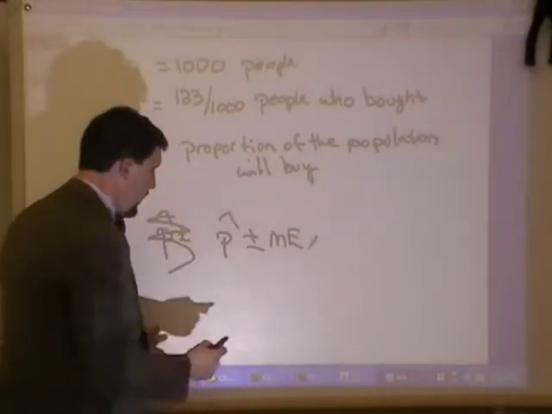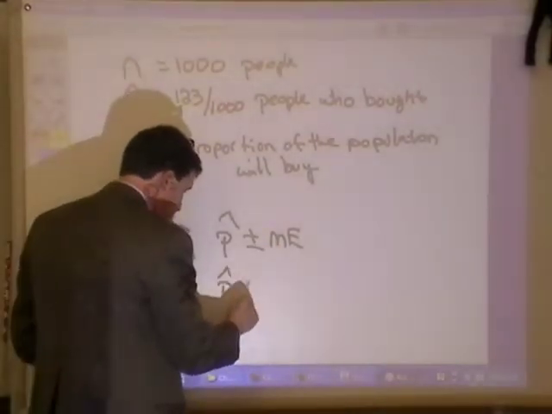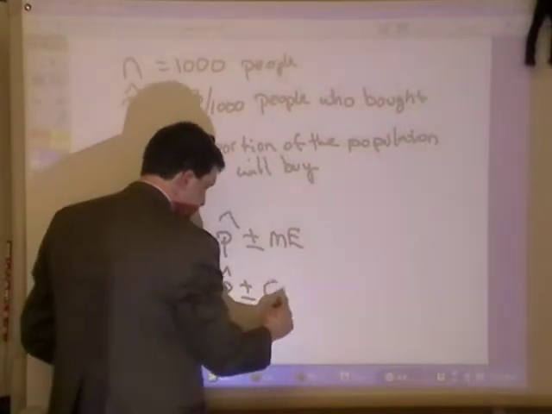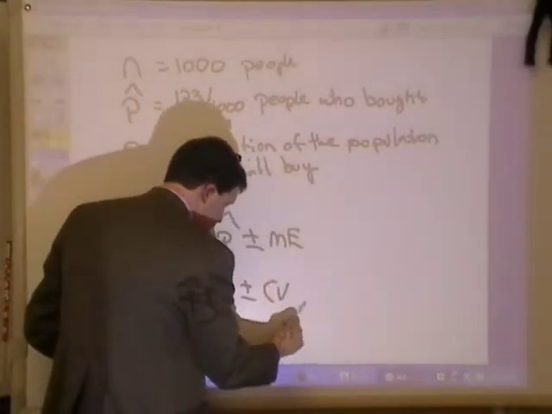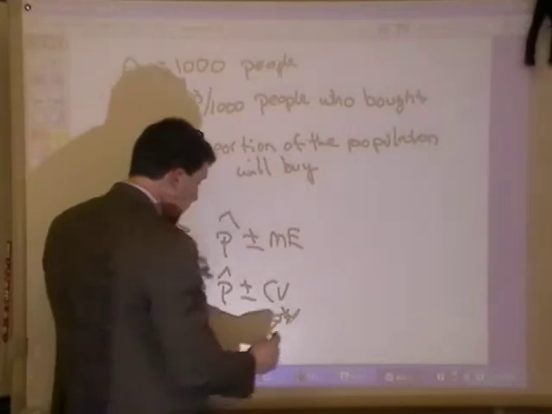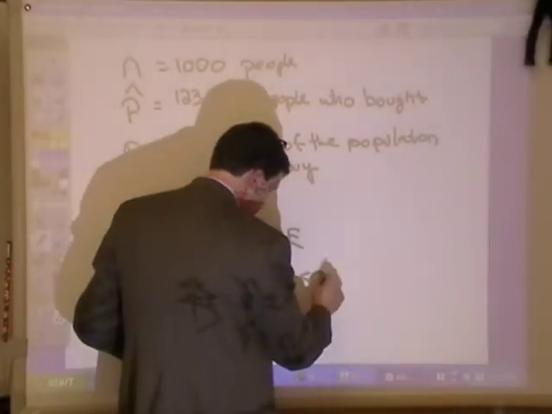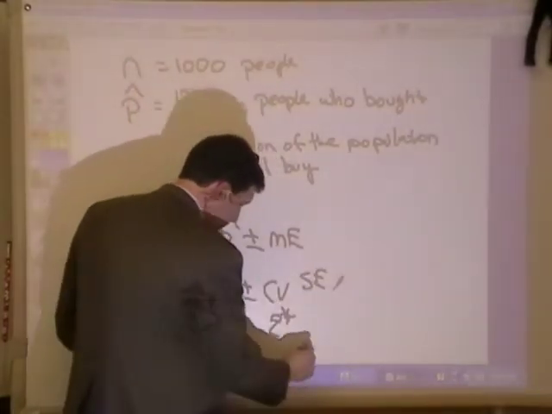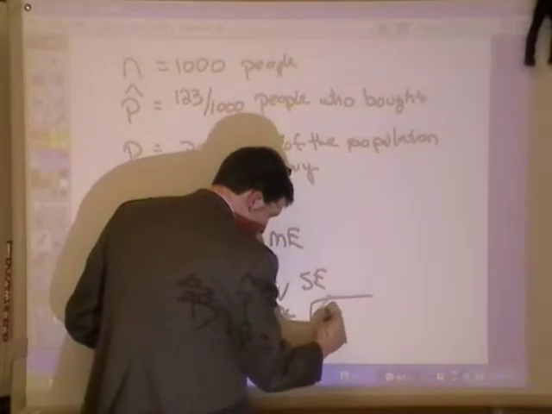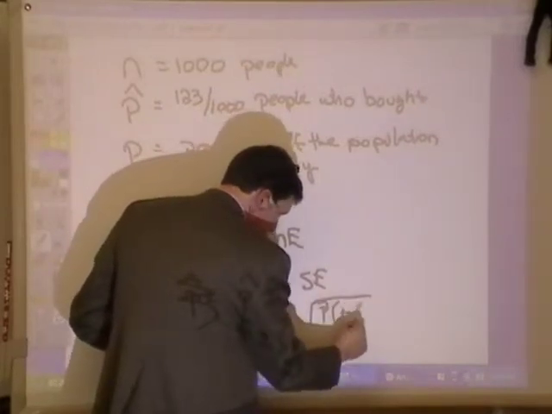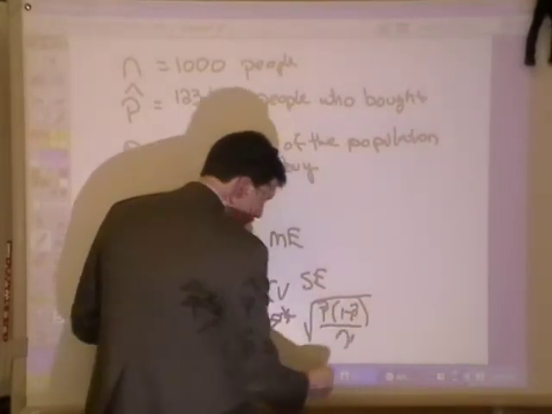And what does my margin of error consist of? My margin of error consists of my critical value, otherwise known as Z star, times my standard error. And what is my standard error? My standard error is going to be the square root of P hat times 1 minus P hat over N.